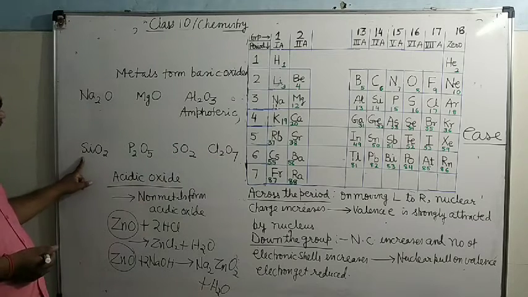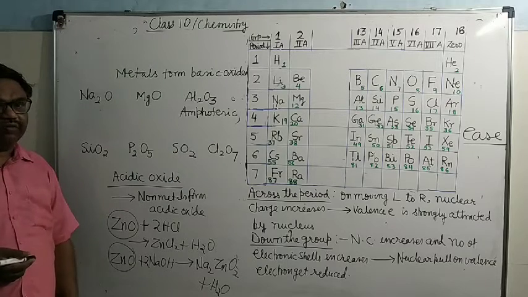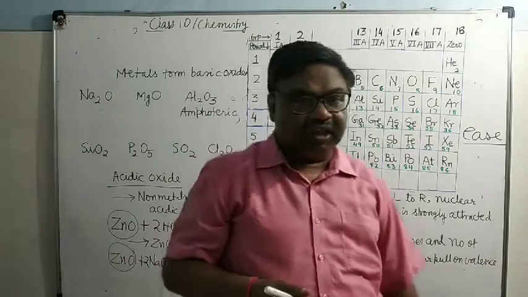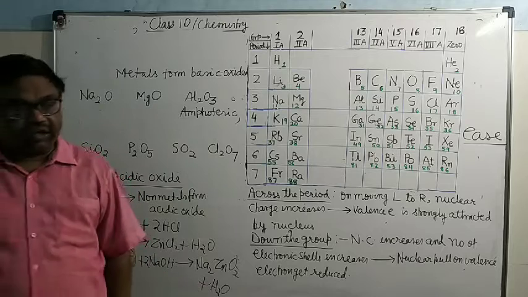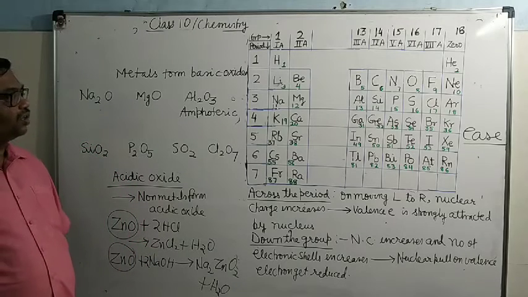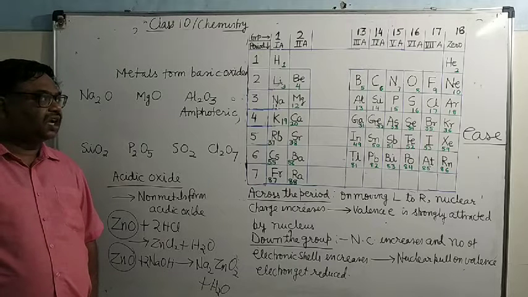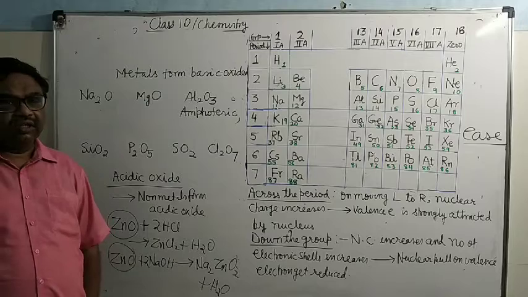It is feebly acidic, then the acidic nature keeps on increasing, and Cl2O7 will be the most acidic. Is it clear? There are some neutral oxides also, for example carbon monoxide and nitrous oxide. These are neutral oxides, which are neither acidic nor basic.